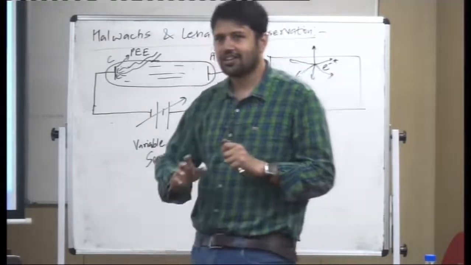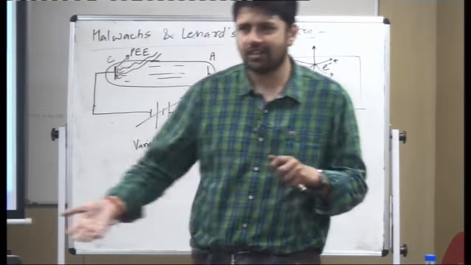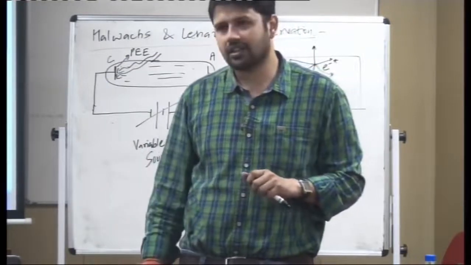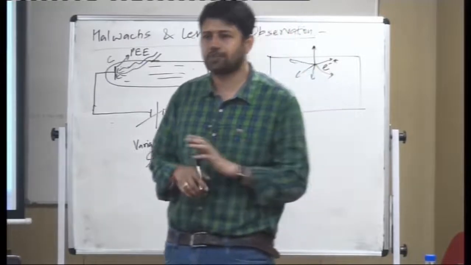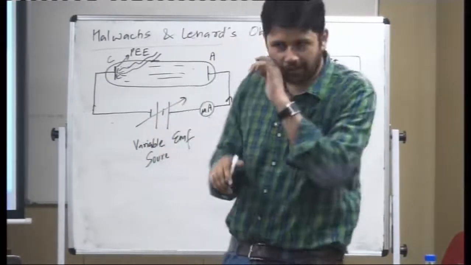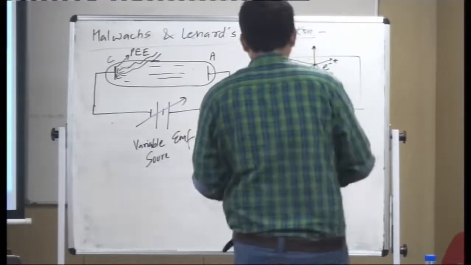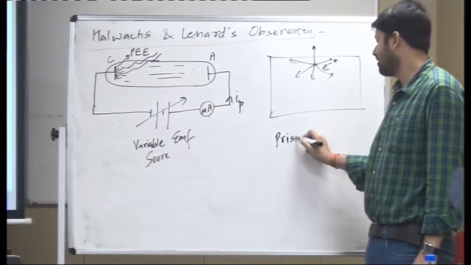Till the time his bottle is empty, he cannot put one more bottle in the pocket. Till the time the whole energy of the photon is not spent, he cannot absorb another photon. So I would explain this on the basis of a prison model, a jail model.